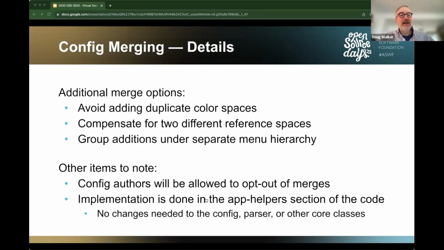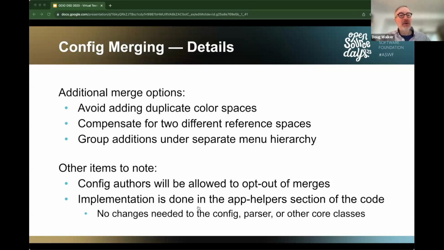In addition, it will be possible for the merge to work even if the two configs use different reference color spaces, and that will be based on the functionality that was added last year in OCIO 2.2. And another option is it will be possible to have any of the new color spaces that get added to a config appear in their own menu hierarchy.